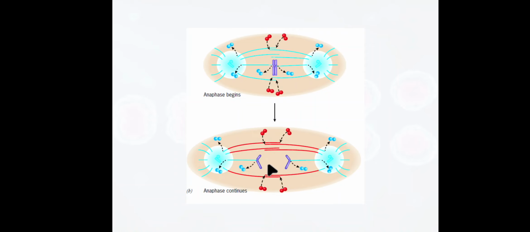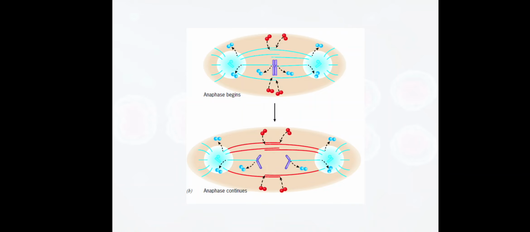Anaphase continues, so there are two phases, anaphase A and anaphase B. Anaphase A is the initial poleward movement of the chromosome. Anaphase B is where the polar sliding movement of the polar microtubules pushes the poles apart.